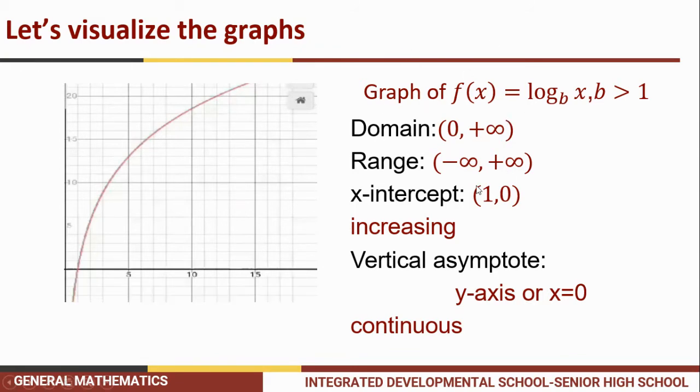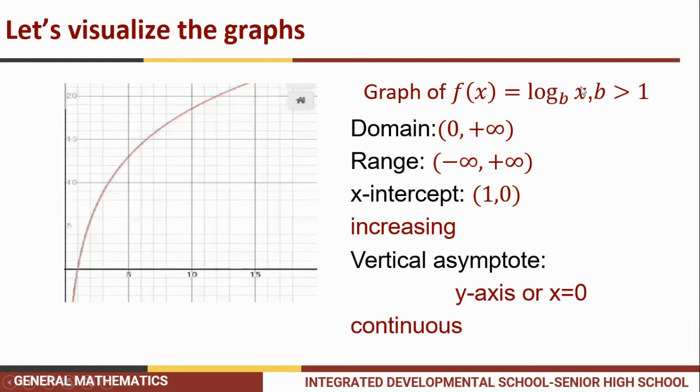For the intercept, what we need to do here is let y equal 0. If y equals 0, then the specific value of x that will satisfy that statement is x equals 1. So we have here (1, 0). For the y-intercept, we need to let x equal 0.